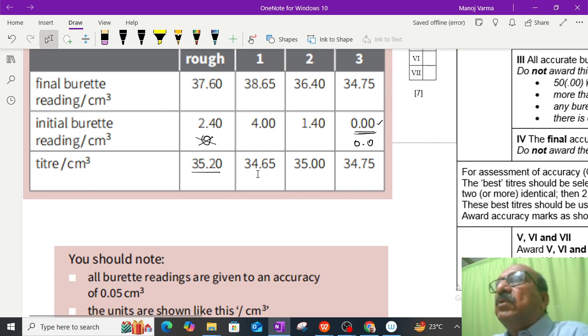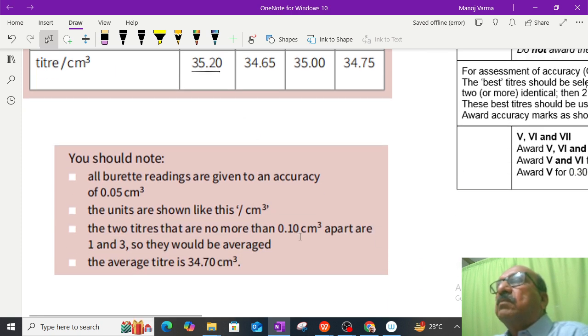If you look at the first reading and the third reading, the difference is just 0.1, so that's correct, but this is more than 0.1. It should not happen that your readings are widely apart. At least two readings should be not more than 0.1 centimeter cube apart. Otherwise, you have not done your titration properly.